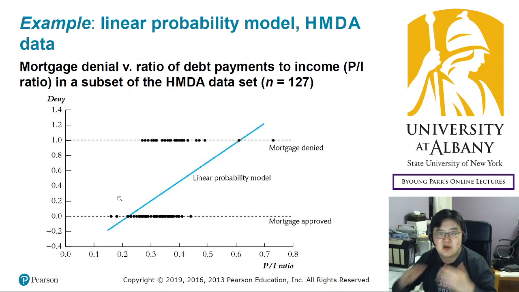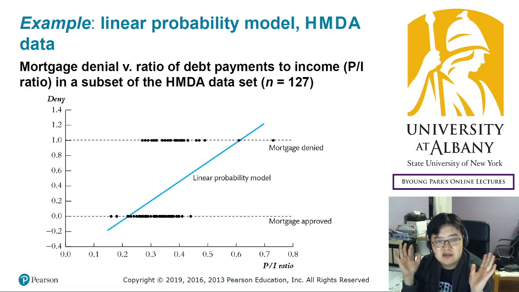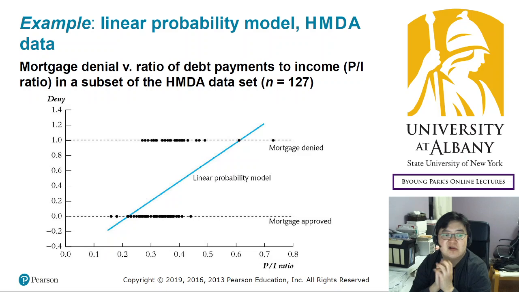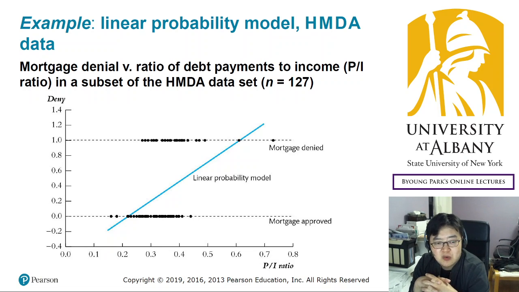First, it goes beyond 0 and 1. Probability, by definition, must always be between 0 and 1, but a linear function by construction will at some point go beyond 1 or go negative. So a linear function does not work well with probability estimation.